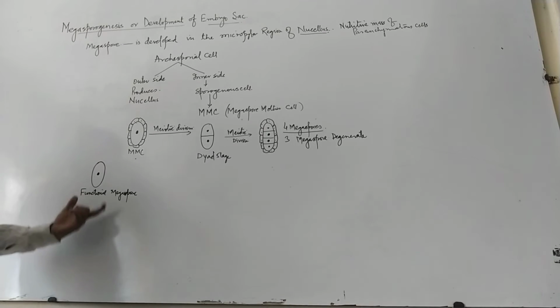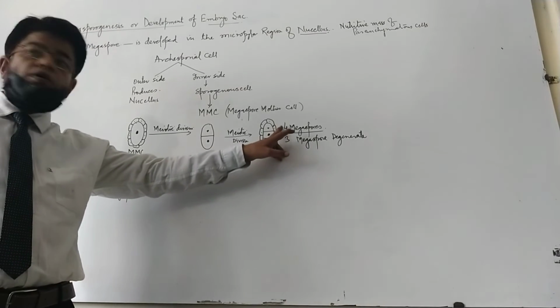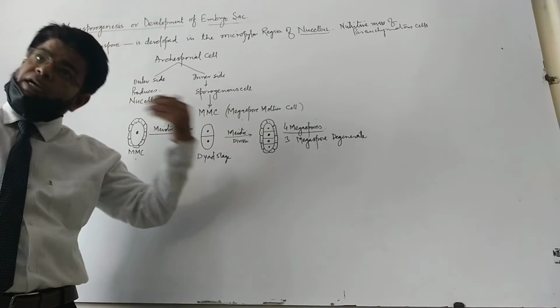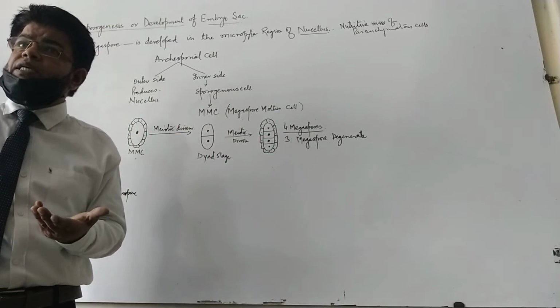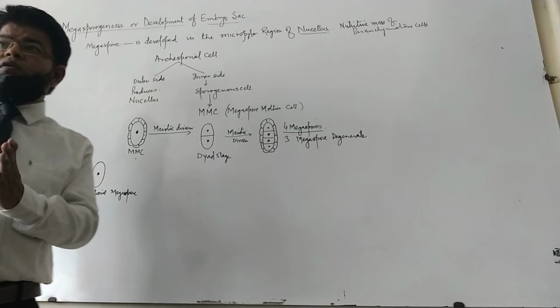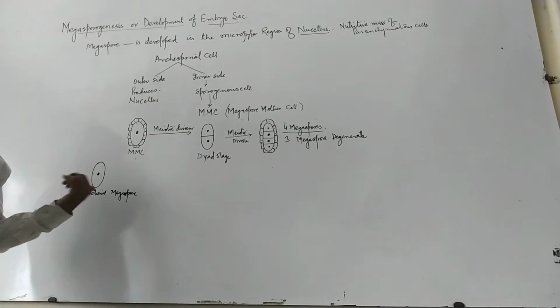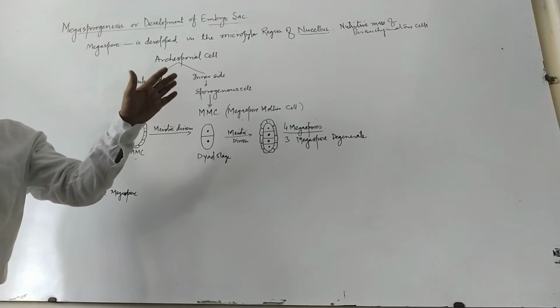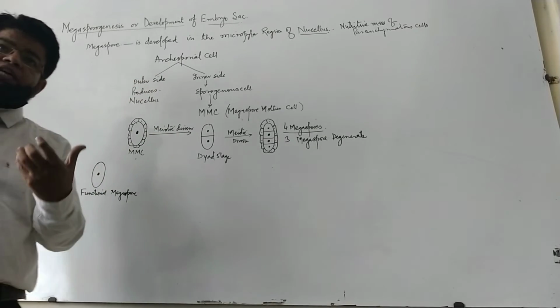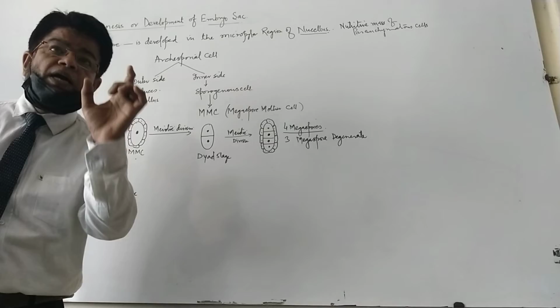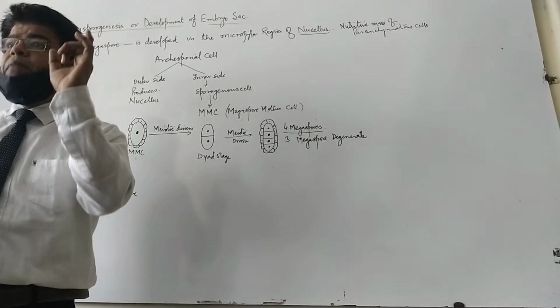How many megaspores are produced? 4. Out of 4, 3 degenerate. How many remain? 1. So later on this single megaspore develops into the embryo sac. In other words, embryo sac develops from one single megaspore.